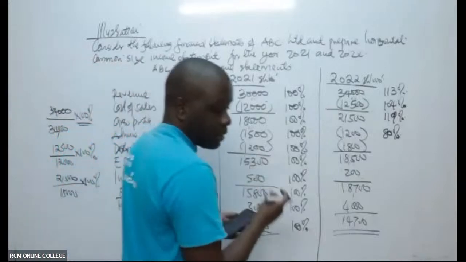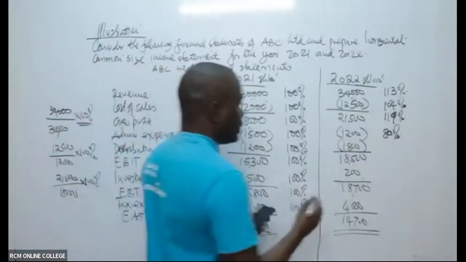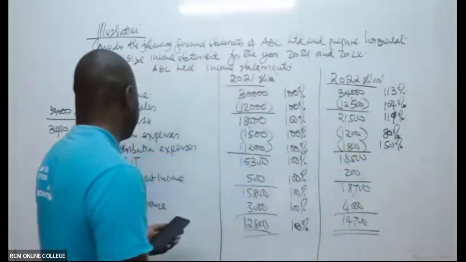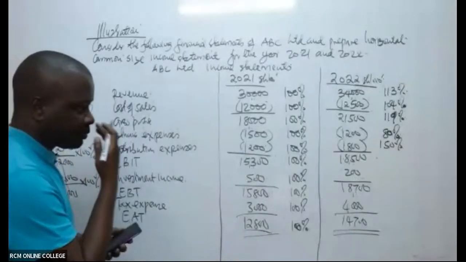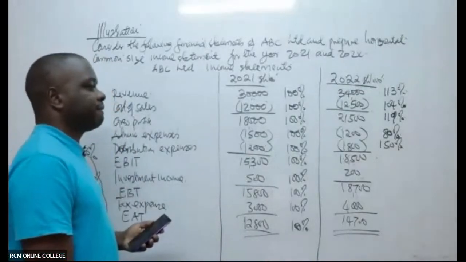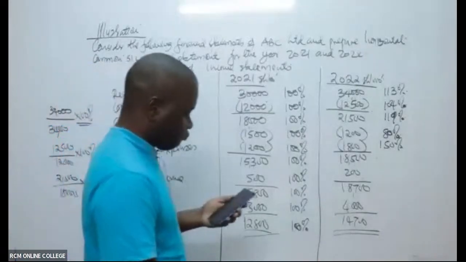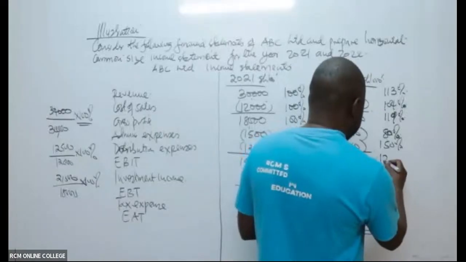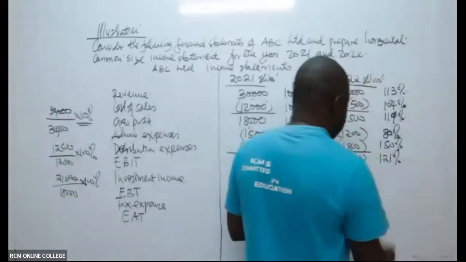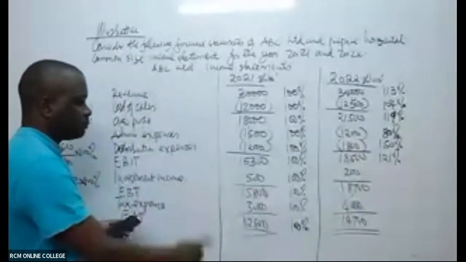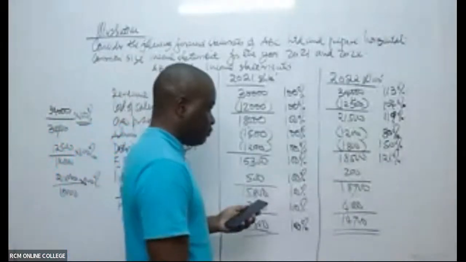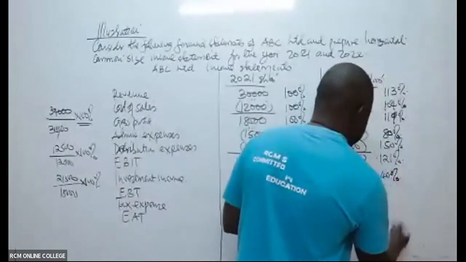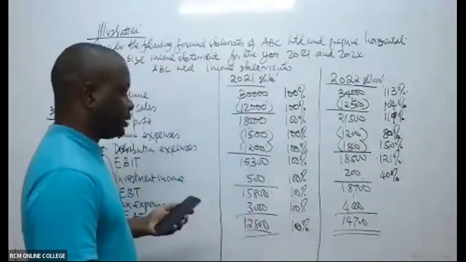What about this other one? After 80%, I can see 150%. And for the EBIT, 121%. What about investment income? Investment income, 4%. Then 3%.